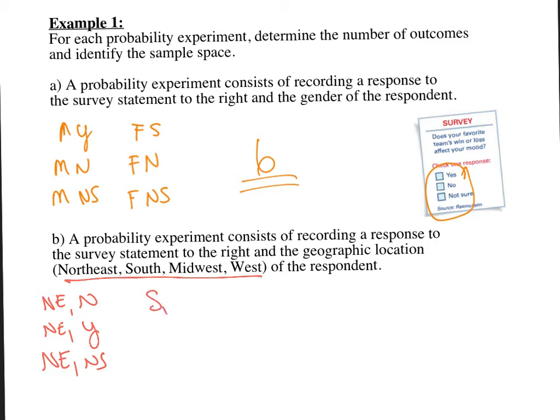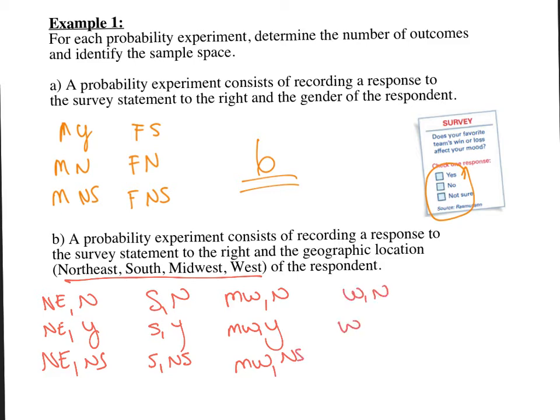They can come from the south and say no, yes, or not sure. They can come from the Midwest and say no, yes, or not sure. And they can come from straight up west and say no, yes, or not sure. Okay, again, I had the choice of geographic location and then their responses, and if you count them all up, I've got a total of 12.